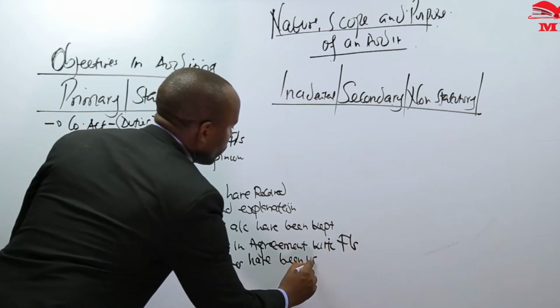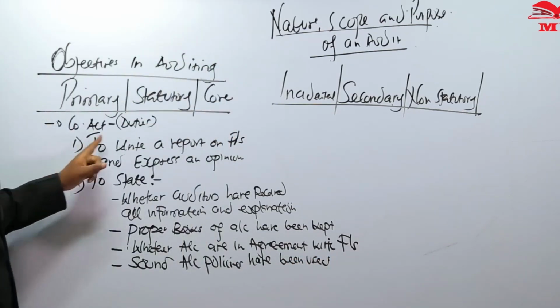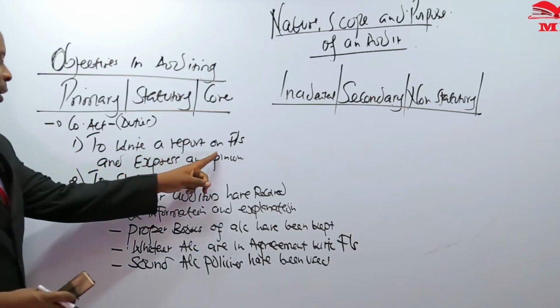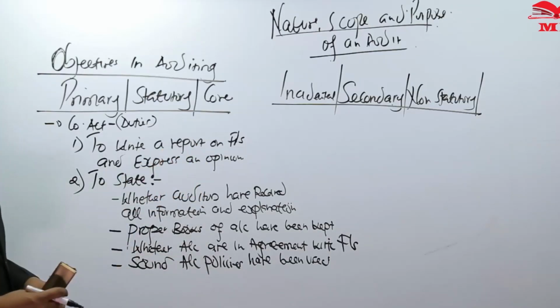So for me, the Companies Act only provides two objectives in auditing. One is to write a report on financial statements and express an opinion on those financial statements.